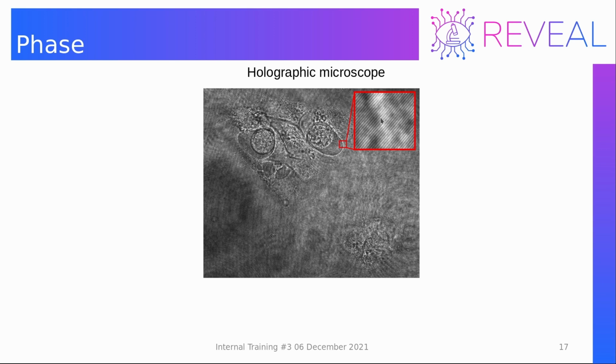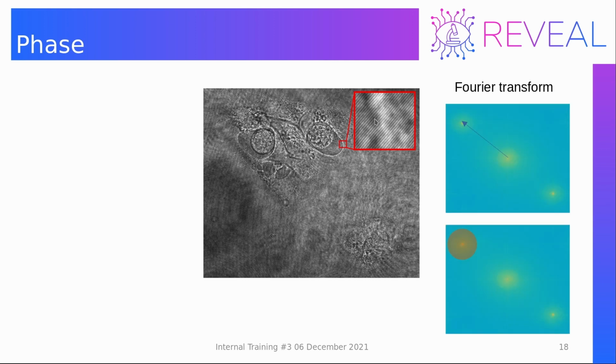So how can we extract this information about the deviation? We calculate the Fourier transform of this image, and this is the result. This is the spectrum of this image. This carries information about the frequency components in this image.